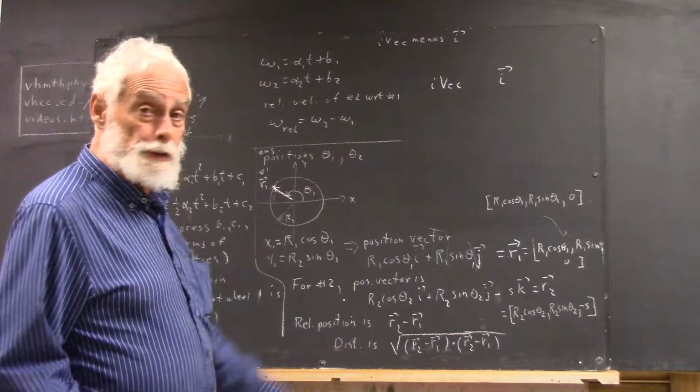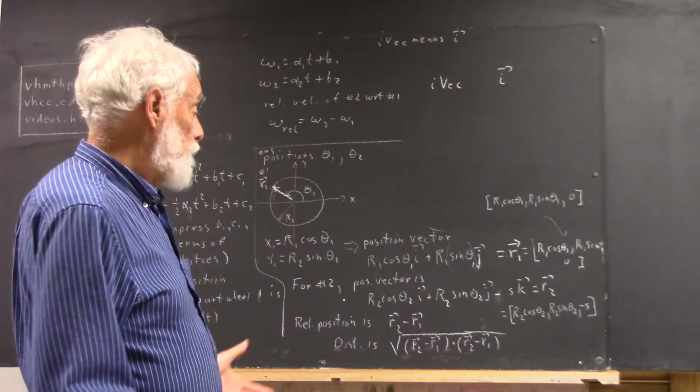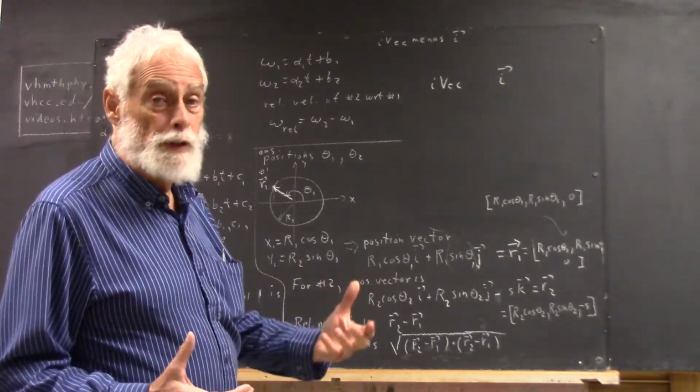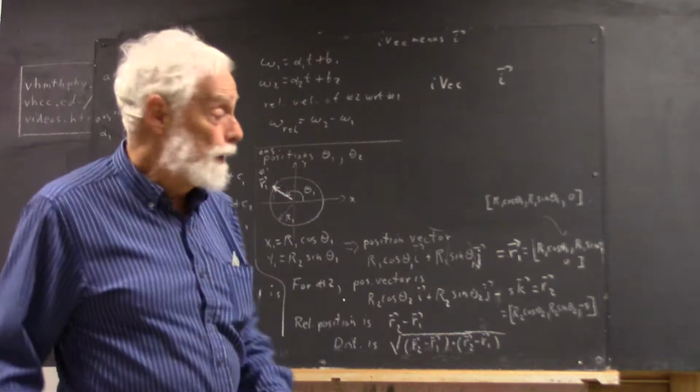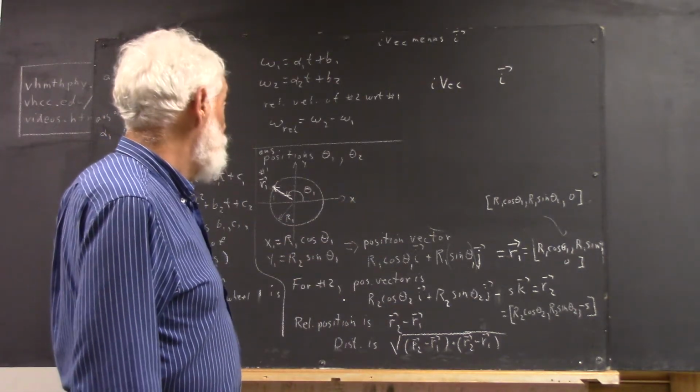Then you get your distance, and you can ask yourself, at this time, what's the distance? You could ask, what's the minimum distance? When does the minimum distance occur? You'd have to write those out as equations, and that's a little bit challenging at this point, but it's worth thinking about.